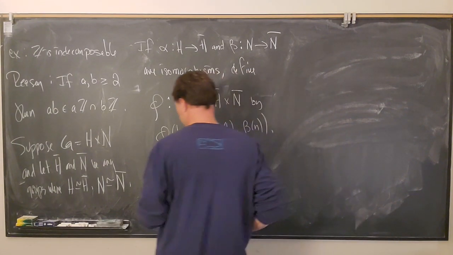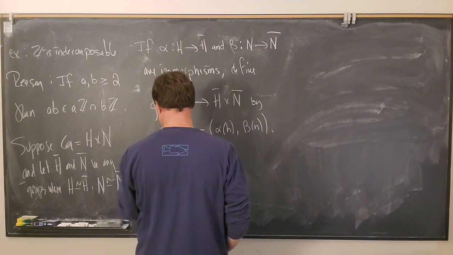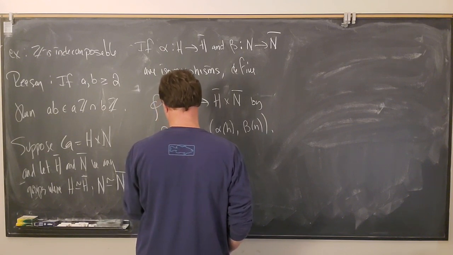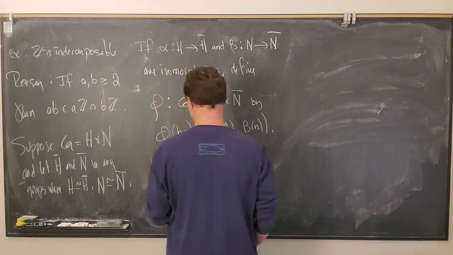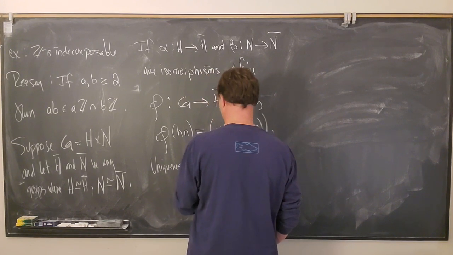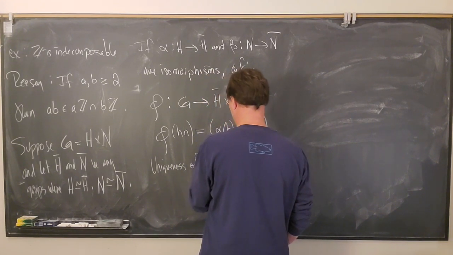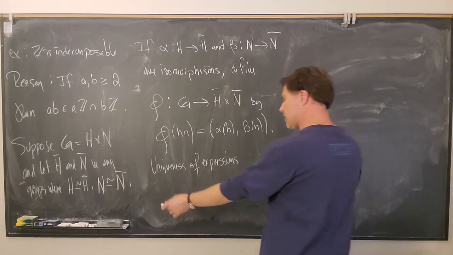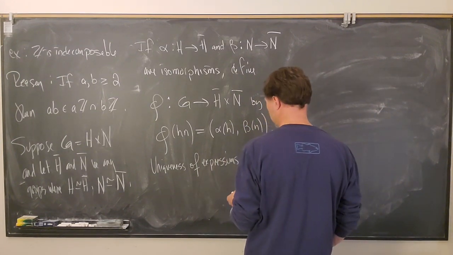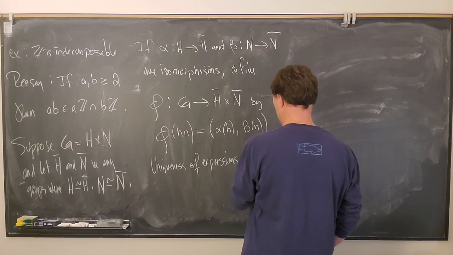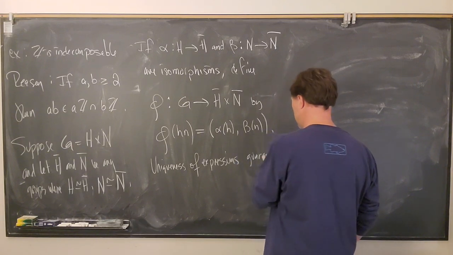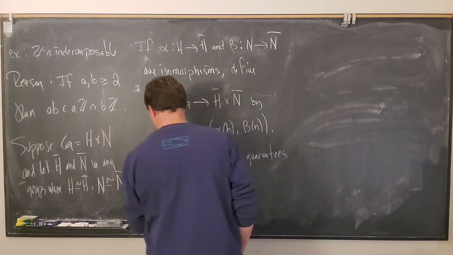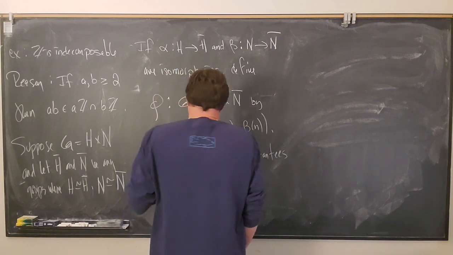All right, so uniqueness of expressions, essentially theorem 15.10, guarantees, you should check this, of course, that, actually there's really nothing to check, right?